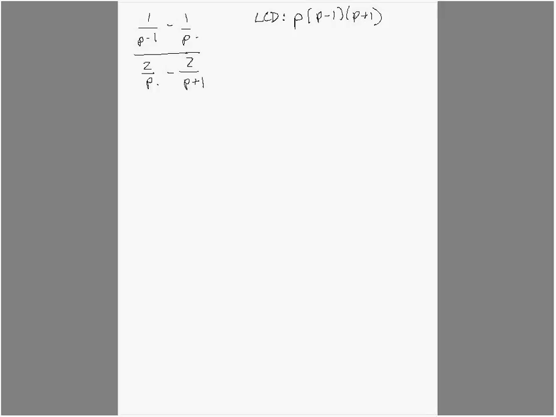So a super huge LCD. Unfortunately, sometimes that's what you've got. I'm going to try and fit it in here. We're going to multiply each term by p times p minus 1 times p plus 1. Okay.